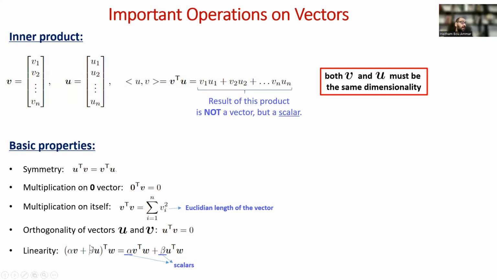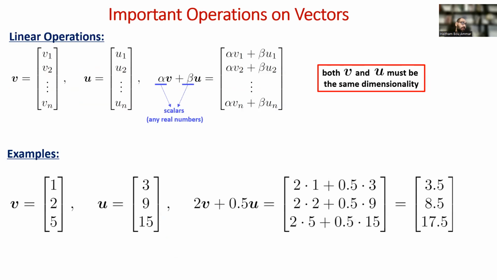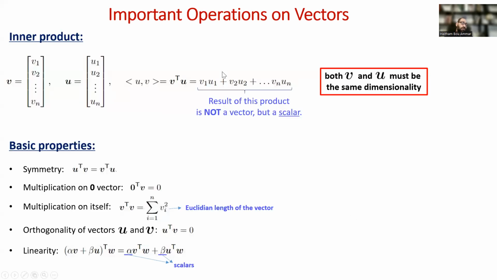So if you consider (alpha v plus beta u) transpose w, notice that now I am doing the inner product between this vector alpha v plus beta u, which we talked about here, and the vector w.